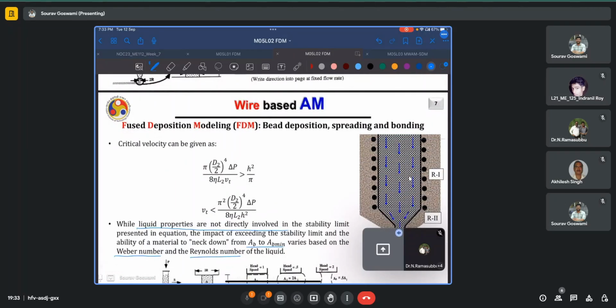So Weber number, which is denoted by WE, physically it's the ratio of the drag force to the cohesion force. I'm not going into the formula or the derivation. I'm just trying to give a physical idea of what it actually means. Qualitatively, we can say that it is a measure of the relative importance of the fluid inertia compared to the surface tension.